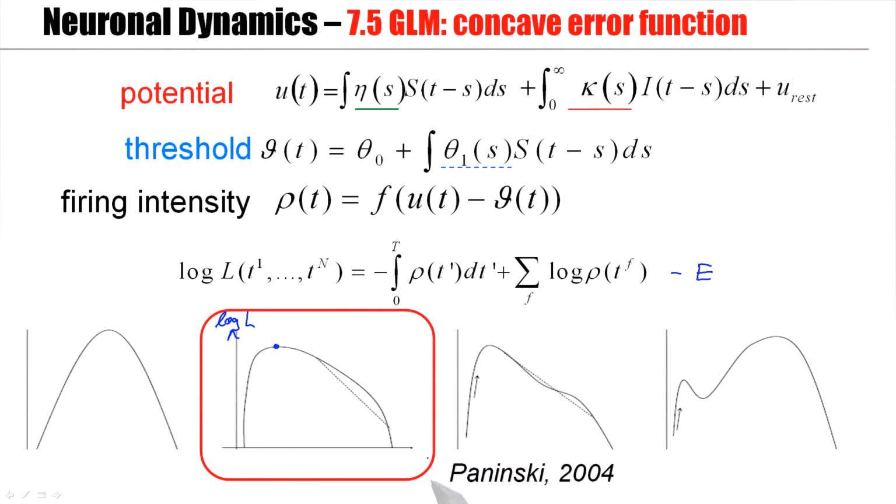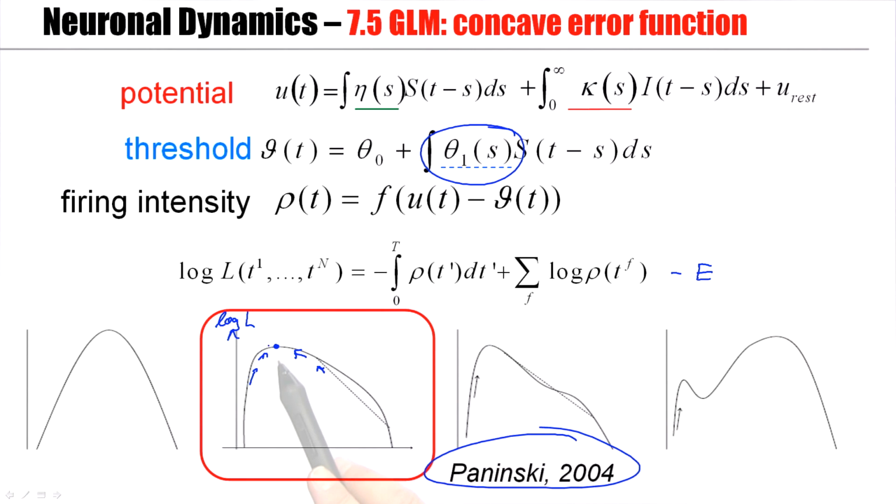And the result which I mentioned on the previous slide, which is due to Liam Paninsky, states that such a neuron model has a log likelihood function which is concave, which only has one single maximum. And that means parameters can be optimized in a systematic fashion by maximizing the log likelihood. In particular, the parameters of the threshold, which you still have to optimize, can be done in this systematic fashion.